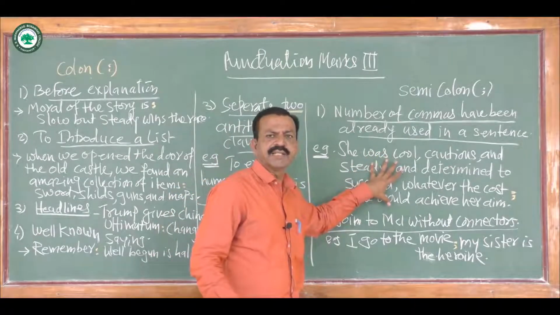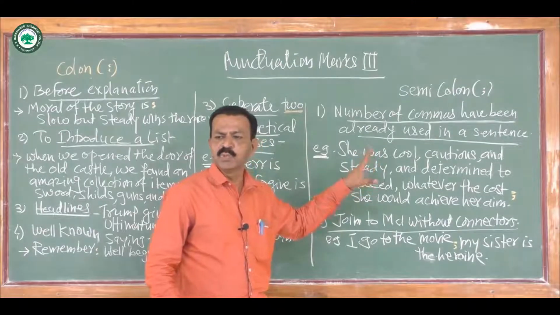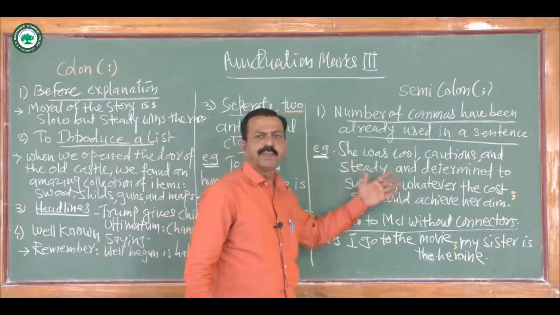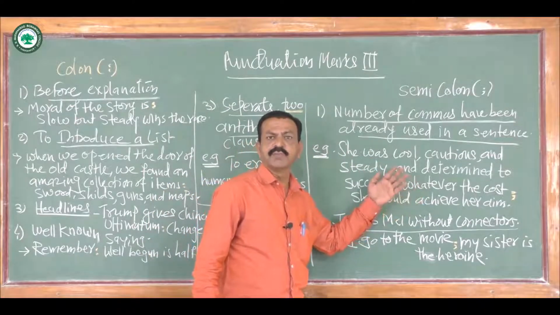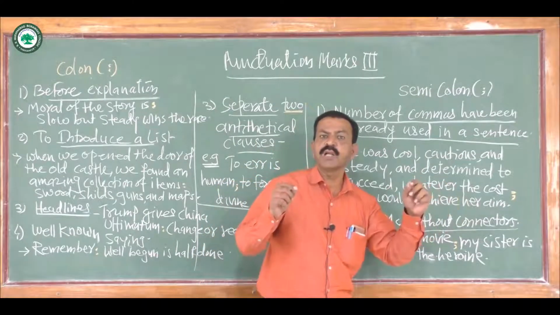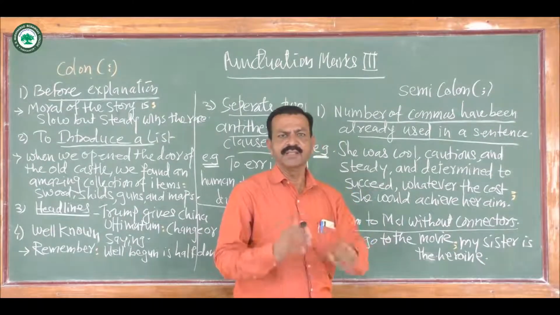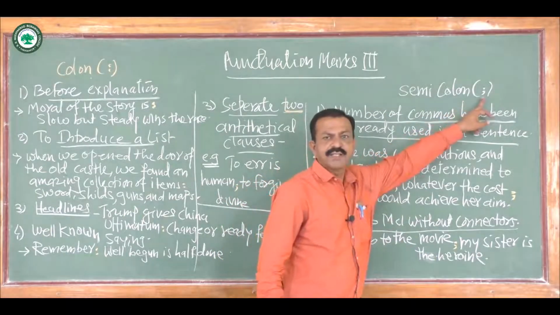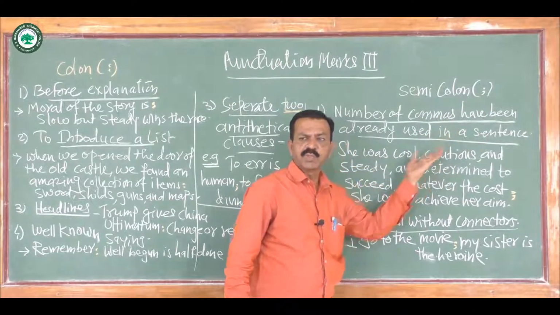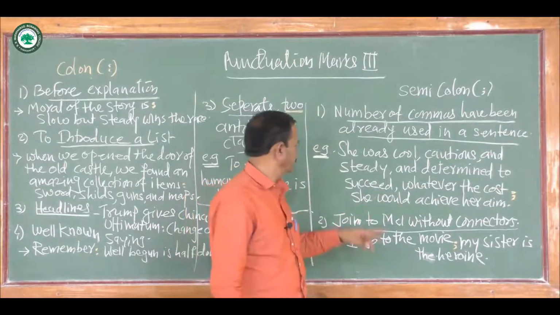Here you see a number of commas are already used in this sentence. To take a pause, to give a meaning to the sentence, here we take a short breath or we stop for a short while. At such a time generally the semicolon is given. So this is the first important use of semicolon.